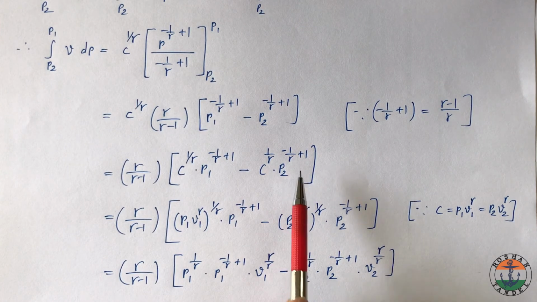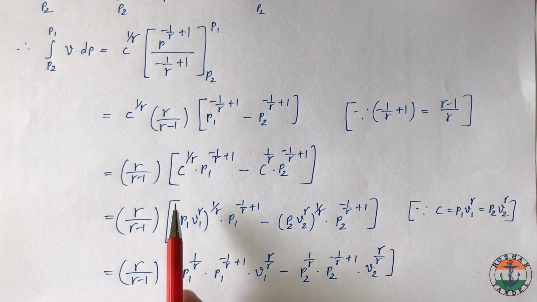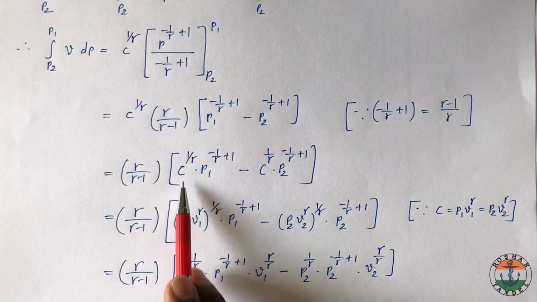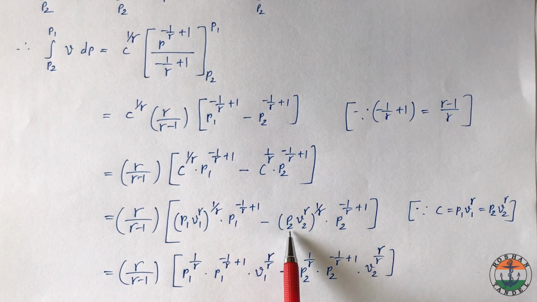We have the value C is equal to PV raised to gamma. Put here C is equal to P1 V1 raised to gamma. And here C is equal to P2 V2 raised to gamma.